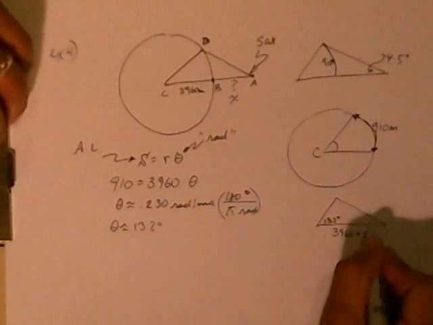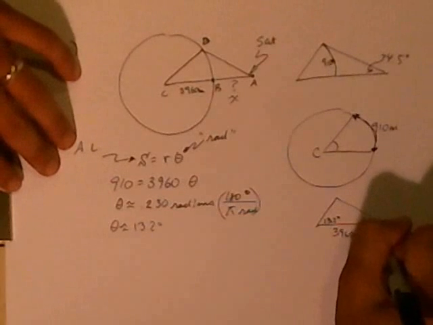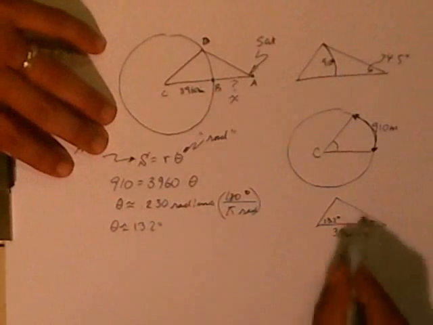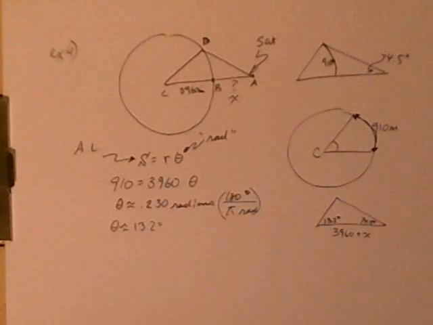Oh, they're also given this right here, 74.5 degrees. So we're going to add them all up, subtract it from 180. 180 minus 13.2 minus 74.5. Oh, let's do that again. I made a little bit of a mistake.